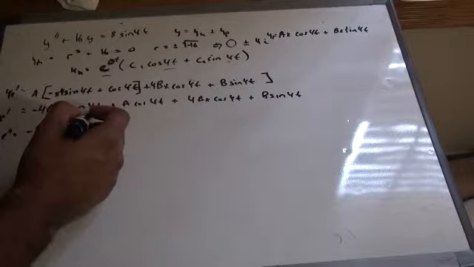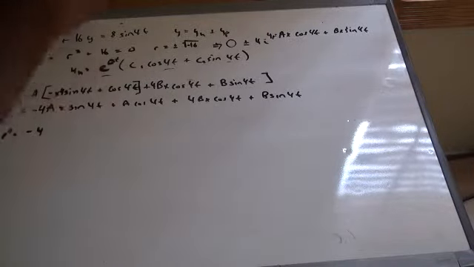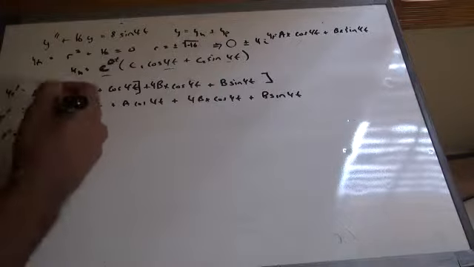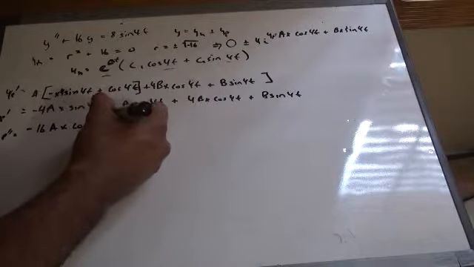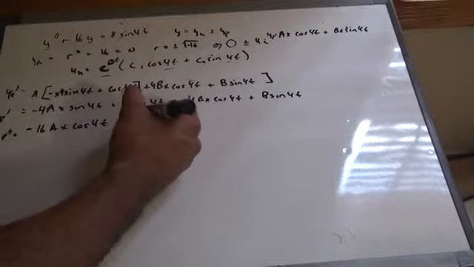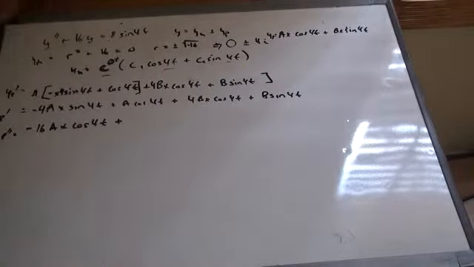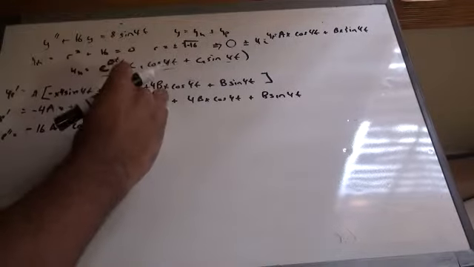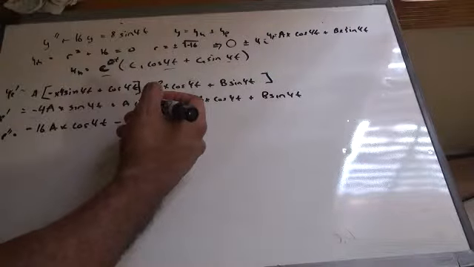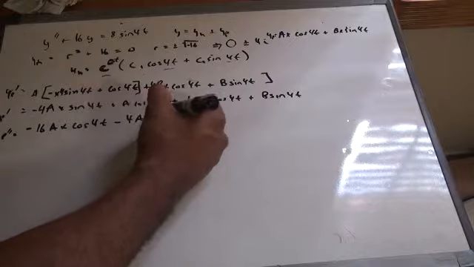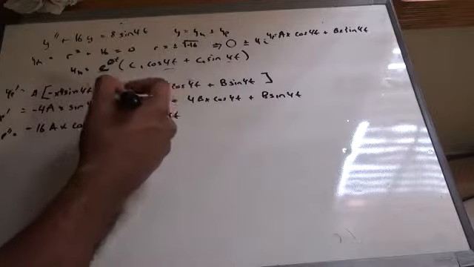For the derivative of sine is 4 cosine, so we have 4 times 4, 16, negative 16ax cosine 4t plus the derivative of x is 1, so we have negative 4a sine 4t. We're done with this term.